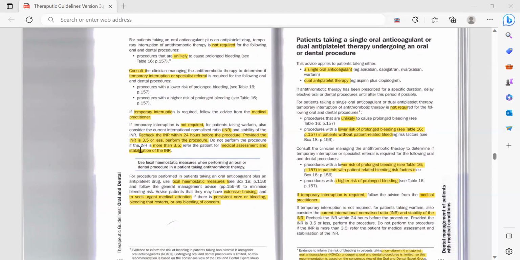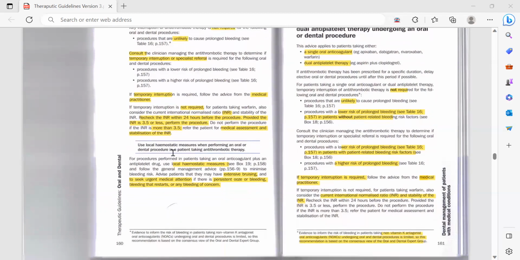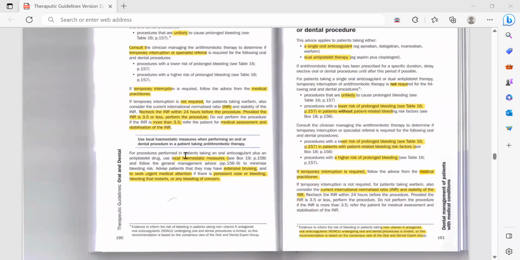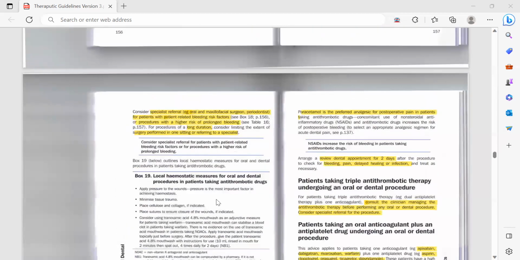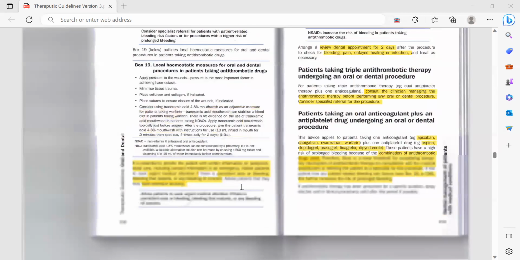Do not perform the procedure if the INR is more than 3.5; refer the patient for medical assessment and stabilization of the INR first. Only then can we perform the procedure. Otherwise, there is a higher risk of bleeding. For a procedure performed in patients taking an anticoagulant plus an antiplatelet therapy, use local hemostatic measures. We will read these local hemostatic measures in a while.